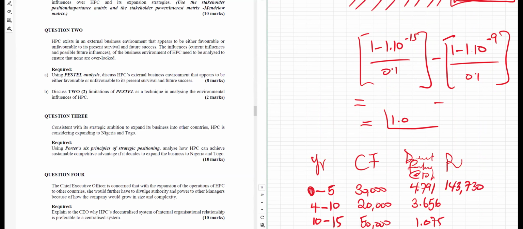For the 15, it's 7.606. Then the 9, 5.759. Let me finish. 1 minus 1.1, negative 9, divided by 0.1, gives 5.759.